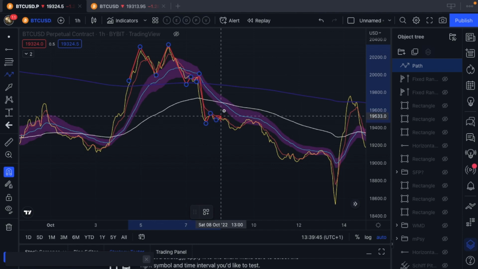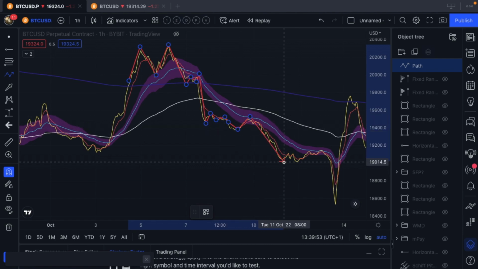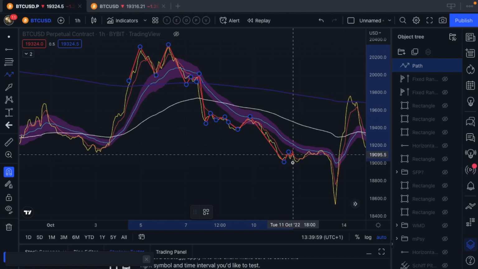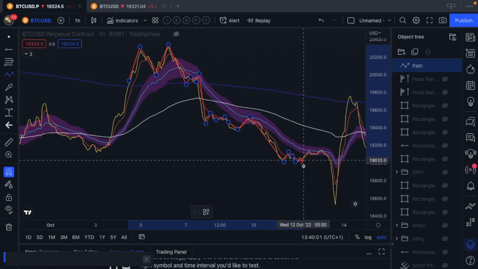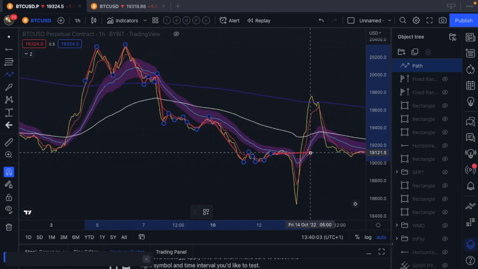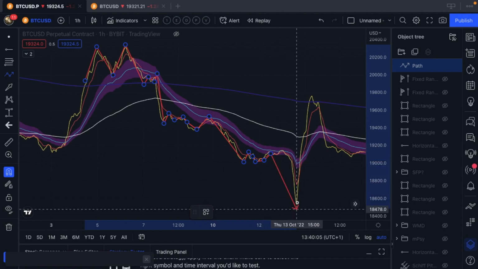And here's our level 2. We consolidate around here, consolidation still, come up, test the 50 again, rip it back down. And there's our level 3. Consolidation. And it rips back down.